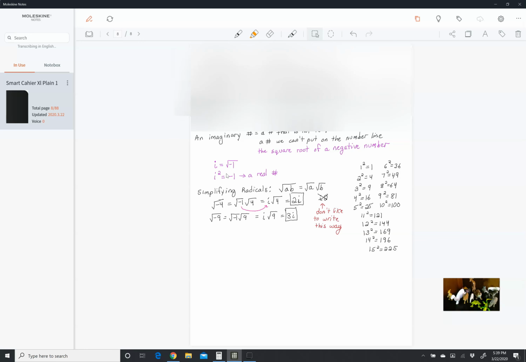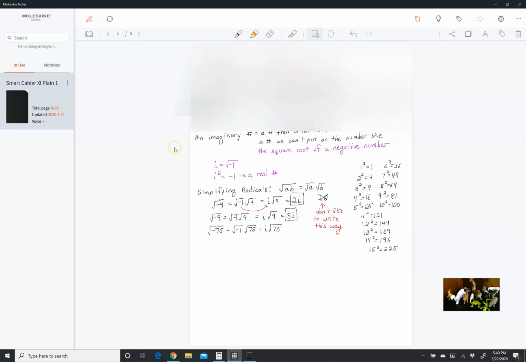Let's take another one that maybe isn't so perfect. Let's take the square root of -75. So this again can be broken up into the square root of -1 times the square root of 75. And actually we've been putting in this middle step, but we can go straight to the i root 75 if we want to.